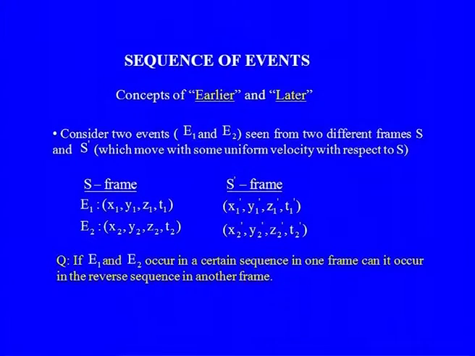We consider two events E1 and E2 again, and we see these events from two different frames, S and S prime. The S prime frame is moving with a certain uniform velocity with respect to S. We have written down the space-time coordinates of these two events in the S frame and the S prime frame.